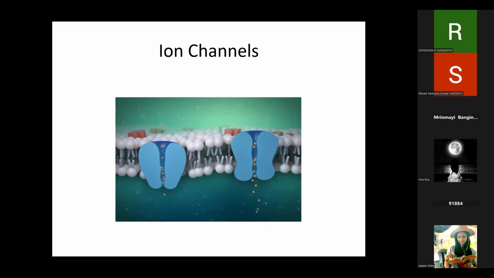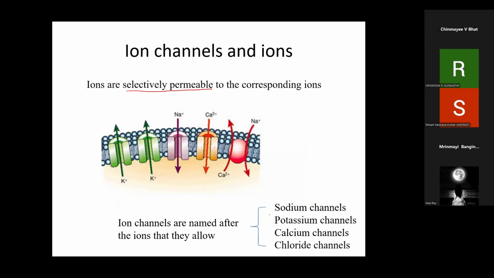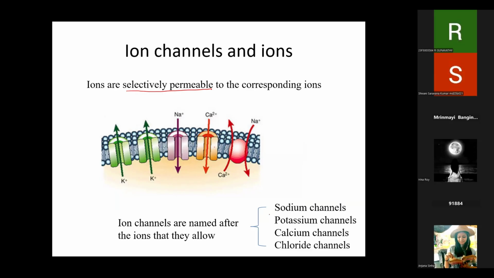Typically, different kinds of ion channels permit the flow of different kinds of ions. Therefore, very often they are named after the ions which they permit passage. It's also not always true, because some channels can permit multiple ions, but the simple thumb rule is a one-to-one relationship. So therefore, they are often named after the ions which they allow passage, like the sodium channels are the ones which allow passage of sodium ions and so on and so forth.